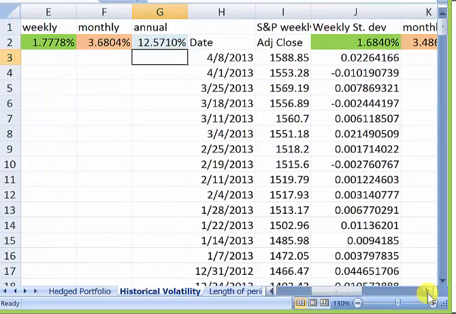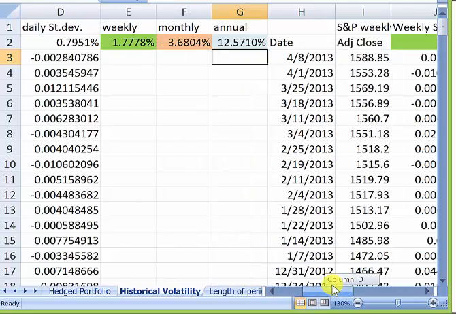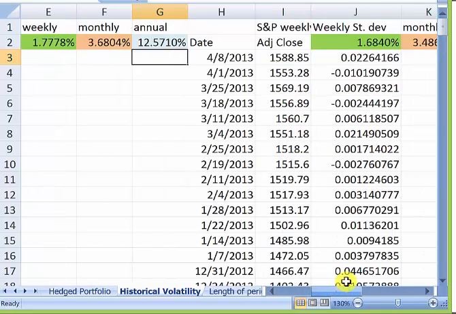What I'm doing here is I want to know how wrong my assumptions are: zero serial correlation and homoscedasticity. It turns out it's not that bad. The weekly standard deviation calculated for the same period from the weekly returns is 1.68, not very much different from 1.78.